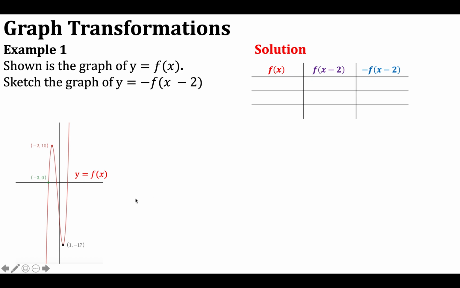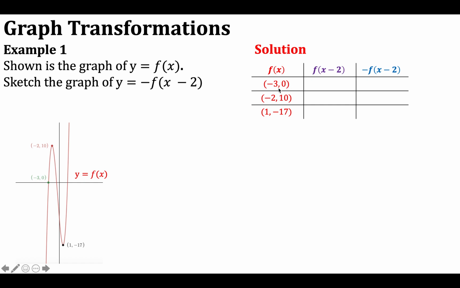Now, on the graph of y equals f of x, I have 3 different points here, and I'm going to examine each of these individually. For f of x minus 2, I know that is a shift of the graph to the right by 2 units. So I'm adding 2 to each of my x ordinates here.